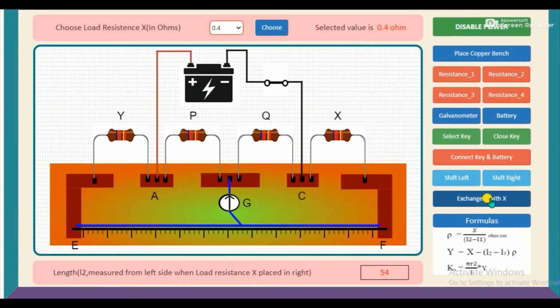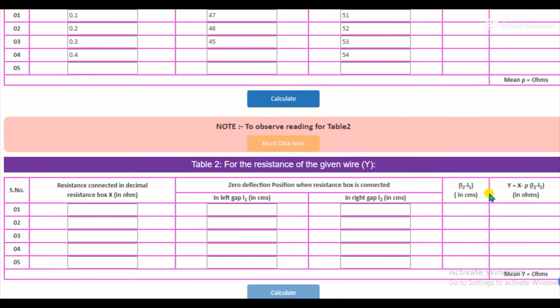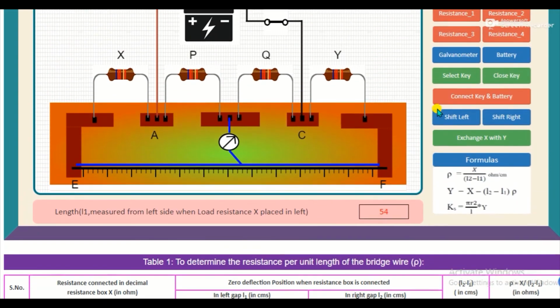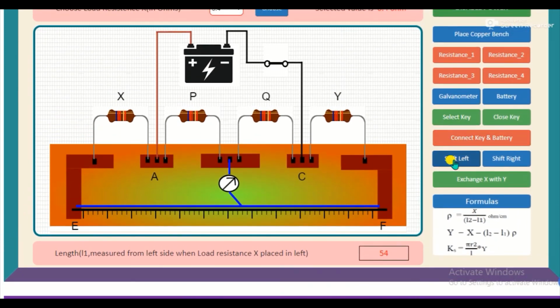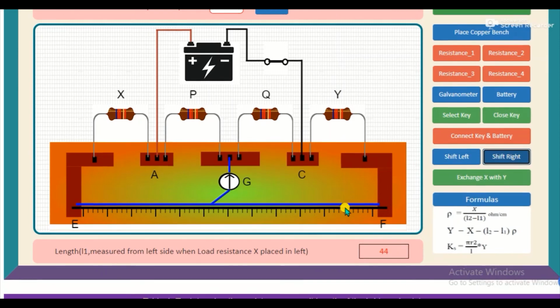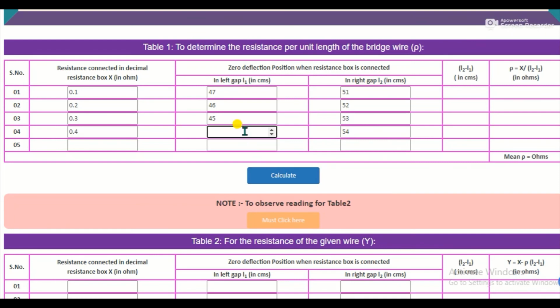Now we will again exchange Y with X and shift it towards left. So yes, 44. Similarly, I am writing it here for 0.5. It comes out to be L1 43 centimeters and L2 55 centimeters.